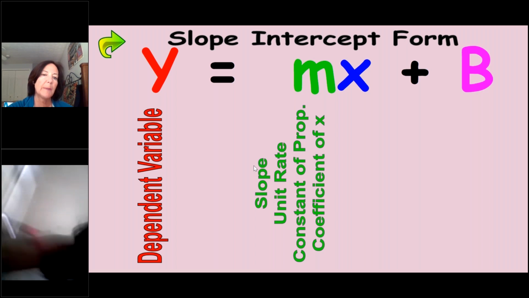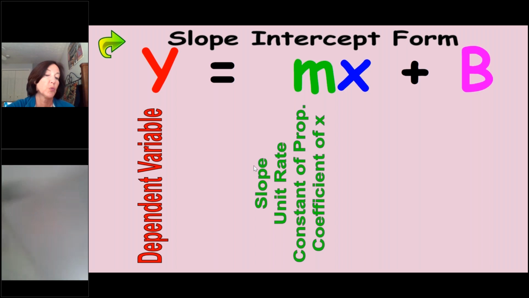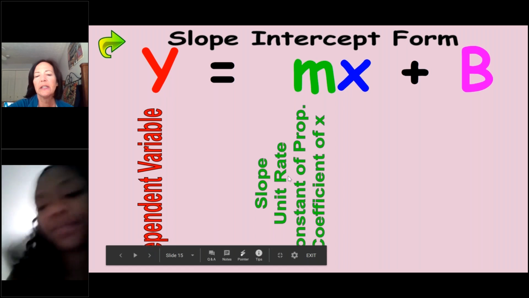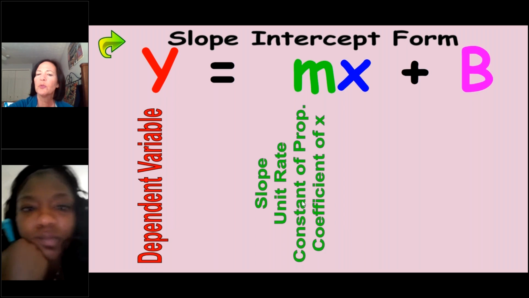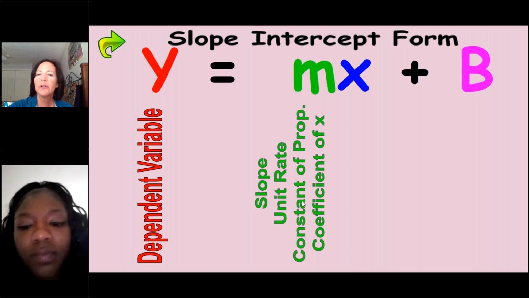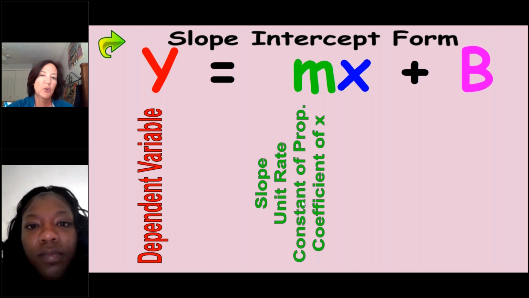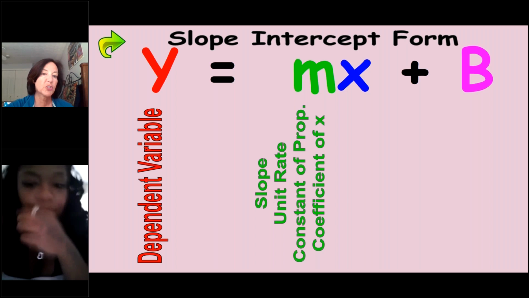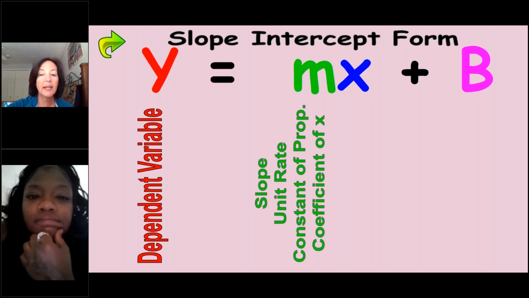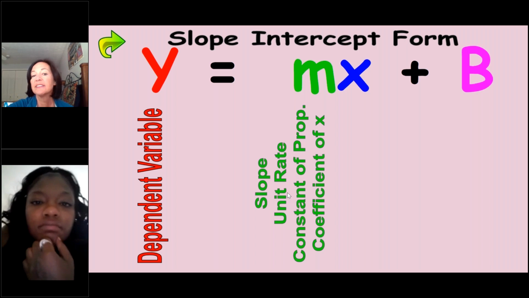Sometimes the slope might be called the unit rate or just the rate for the problem. Sometimes in GED practice problems they refer to the constant of proportionality. All linear relationships are proportional, so the constant of proportionality is going to be the same number as the slope or the unit rate.